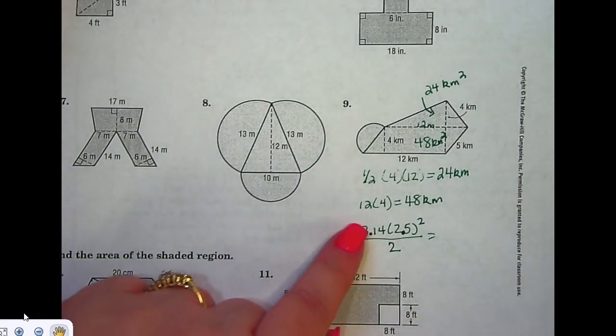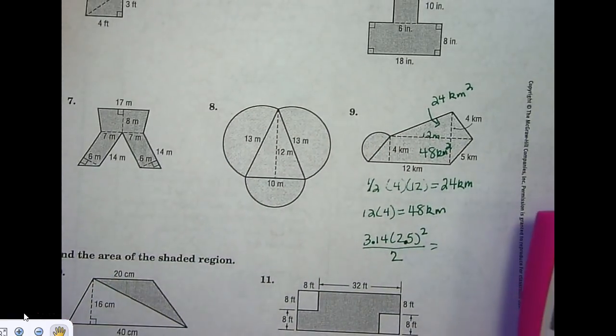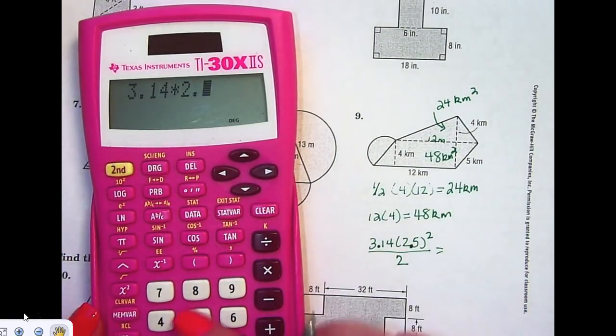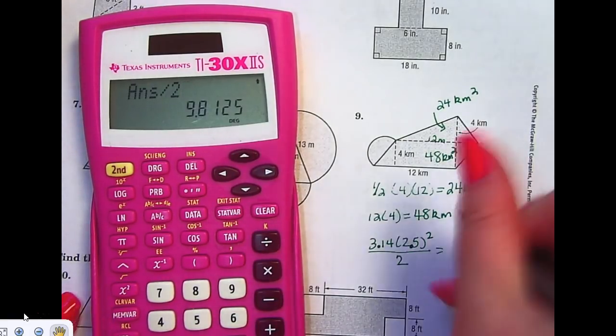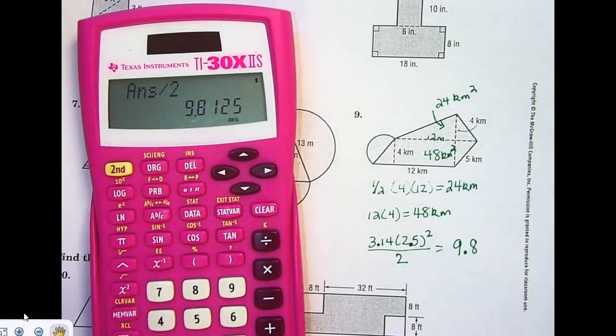So let's do this. 3.14 times 2.5 squared. And you get 19.625 divided by 2. Let's just call that 9.8, because the directions say round to the nearest tenth.